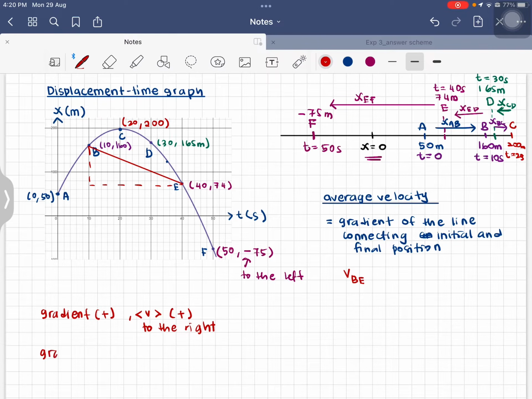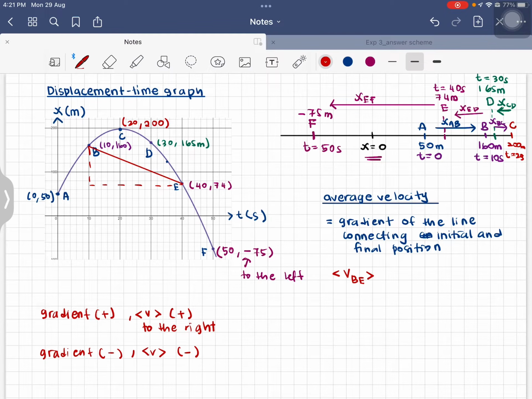If your gradient is negative, your average velocity is also negative. So from B to E, the graph goes downward, meaning you will get a negative value later.